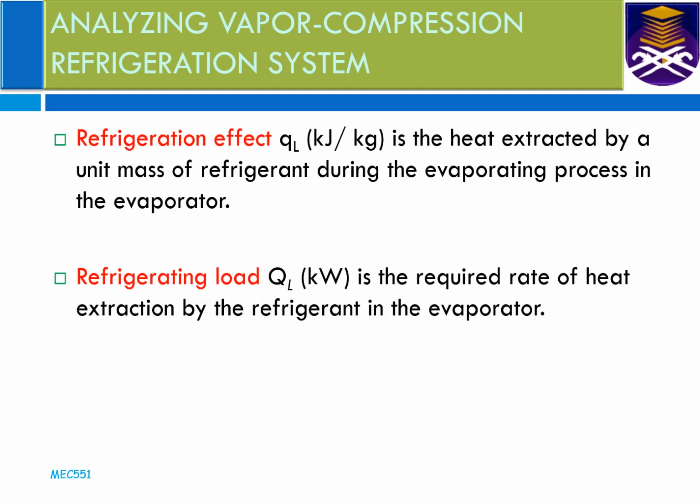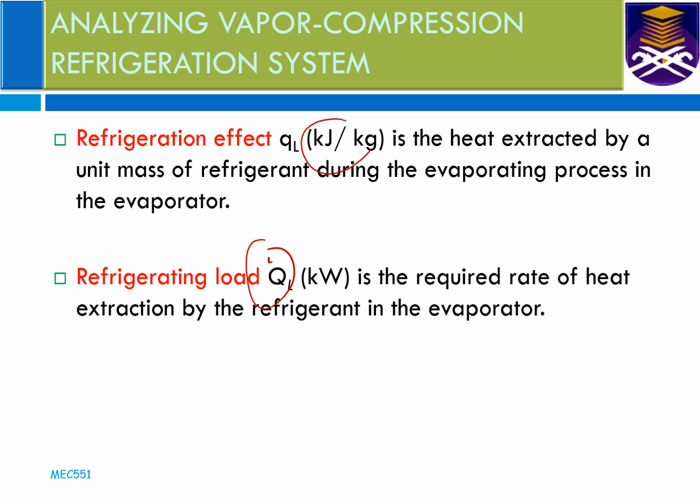So q_L is the heat extracted by the unit mass of refrigerant during the evaporating process, and then capital Q_L, which is this one, is required per unit rate of the heat extraction in kilowatts by the refrigerant in the evaporator.